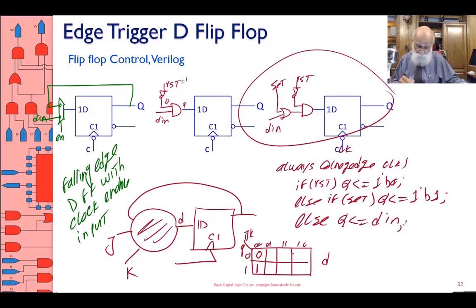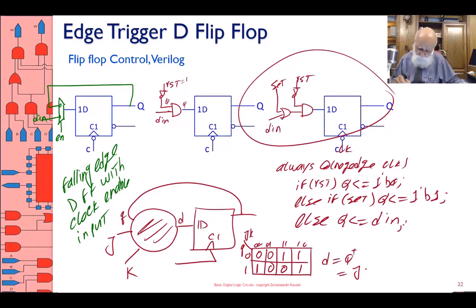If JK are 1, 1, Q plus becomes the complement of Q, which is the same as D. If JK is 0, 1, you want to kill it. If JK is 1, 0, you want to jump it, and therefore my D input becomes J.